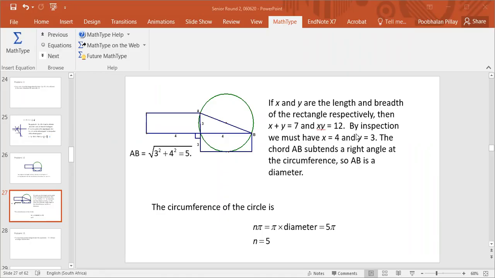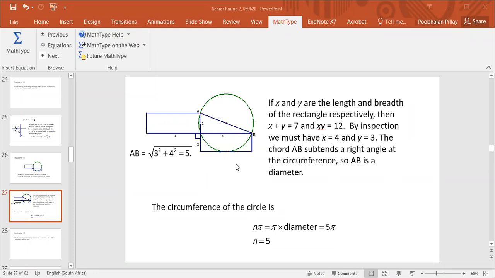And straight away you can see what it's going to be. You can have x equals 4 and y equals 3, or you can even have x equals 3 and y equals 4. So there are two answers here, but the pair xy is 4 and 3. 4 plus 3, 4 times 3. So by inspection, you can see that. All right, so let's just put that down here. You got 4 here and you got 3 here.